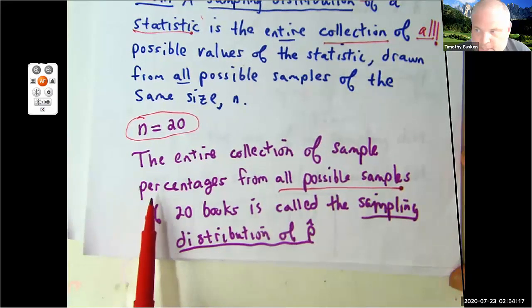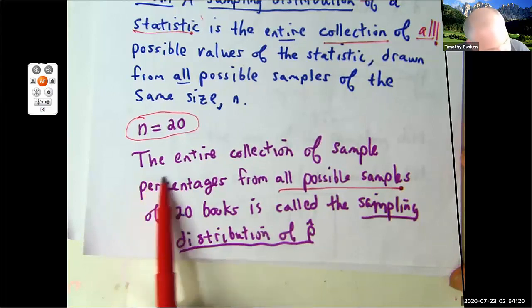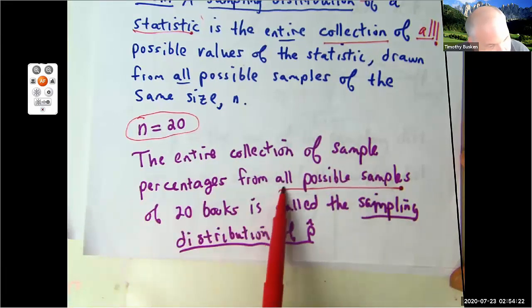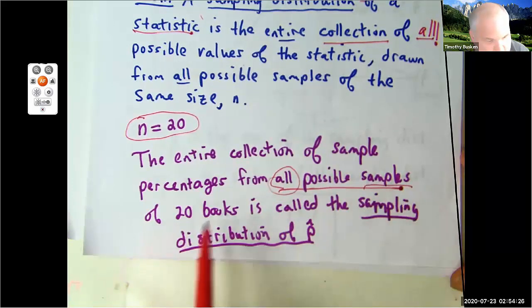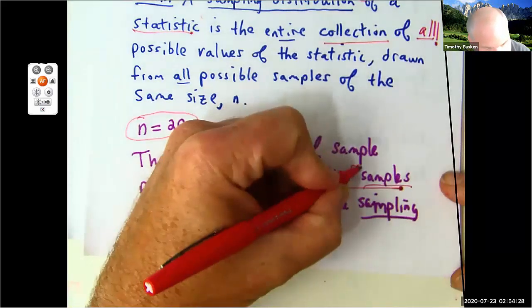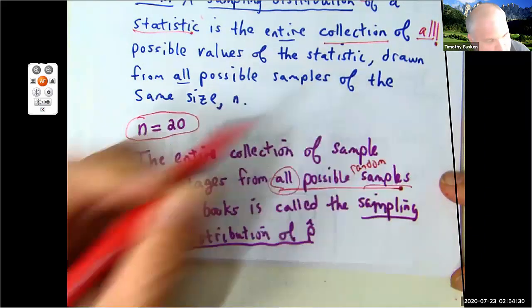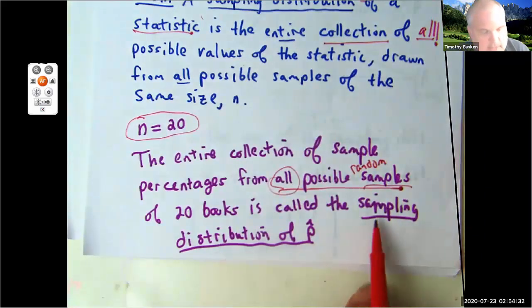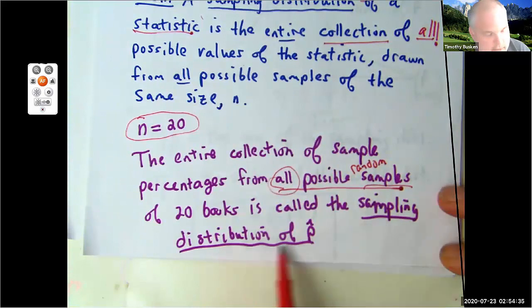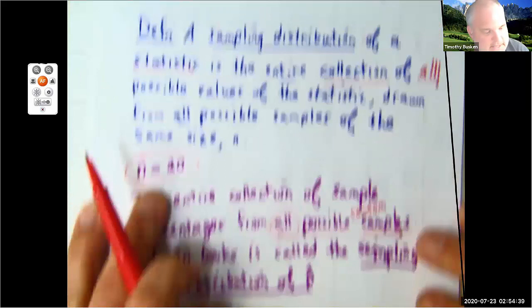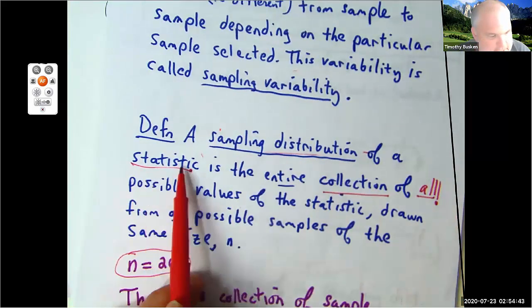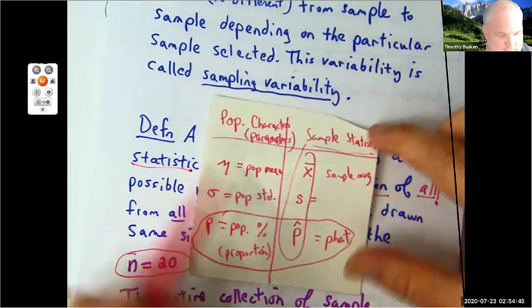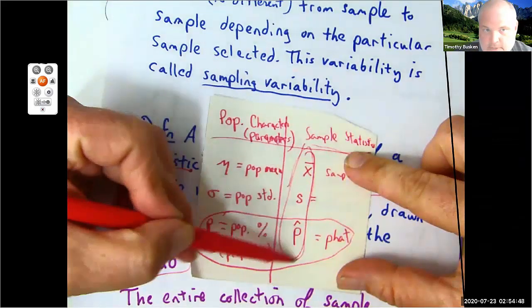So in the first example, the entire collection of sample percentages from all possible random samples of 20 books from the library is called the sampling distribution of p hat. So you can get a different sampling distribution for every single different statistic. For now, let's just talk about these 3, but of course there's other statistics.